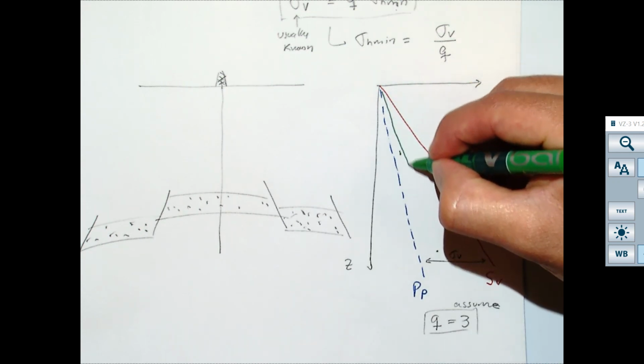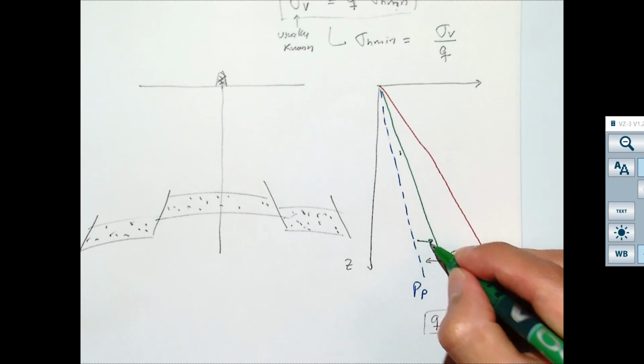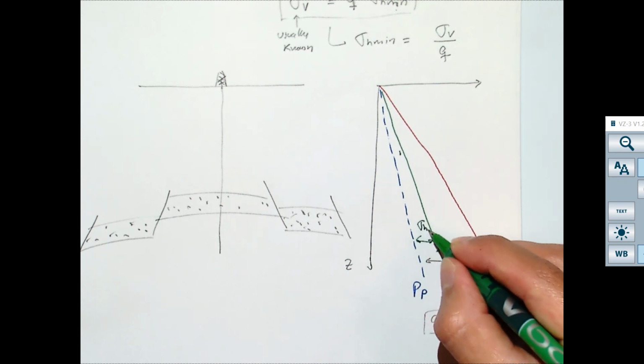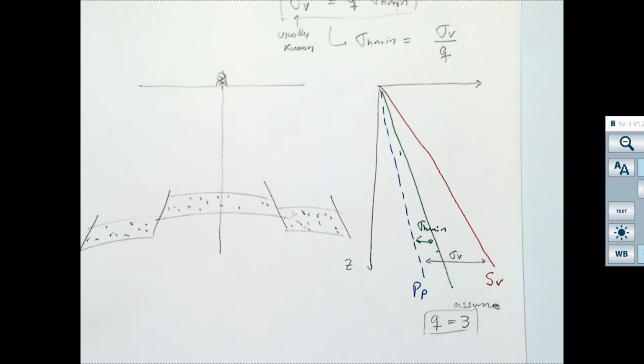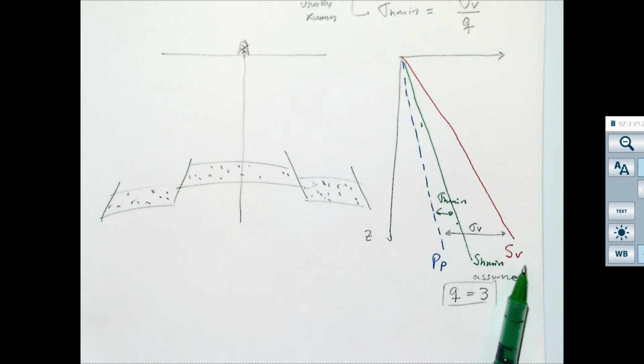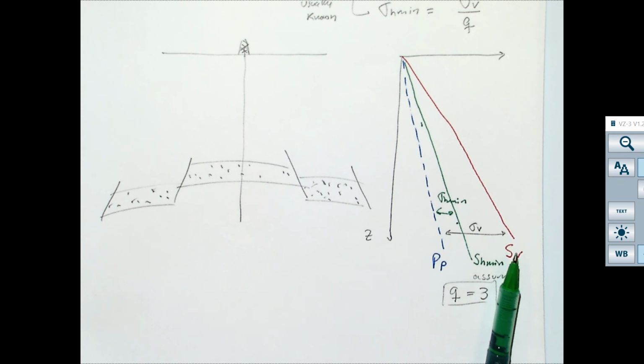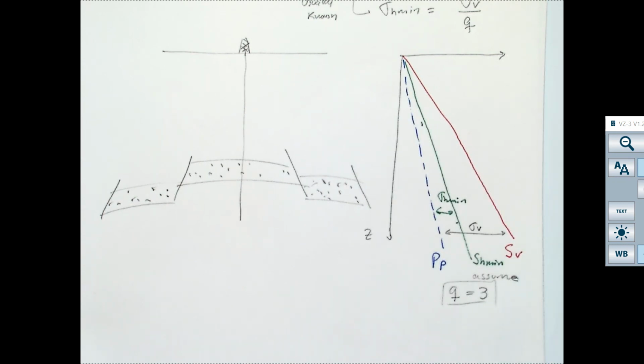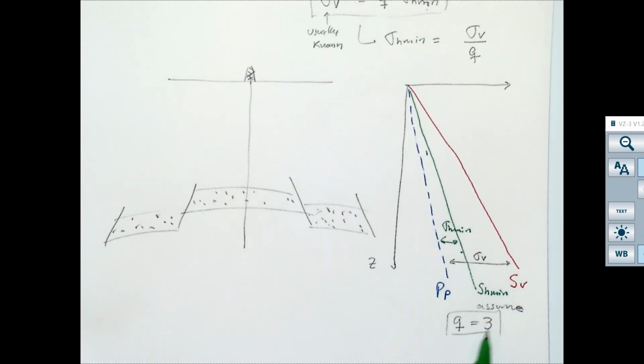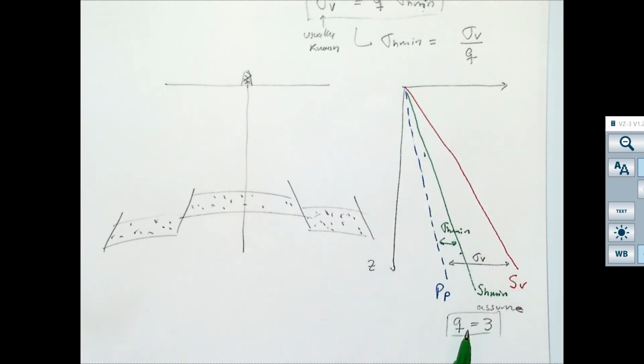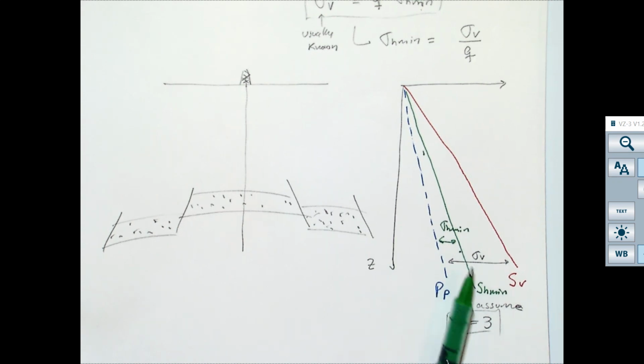So this is sigma h min, and this line is Sh min. If you want to calculate that numerically, the first thing you have to do is compute the total vertical stress, pore pressure, and effective vertical stress, the same thing as we did before, and then just use this equation, and you can tell what the value of the stress is.